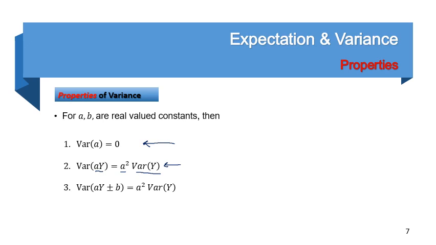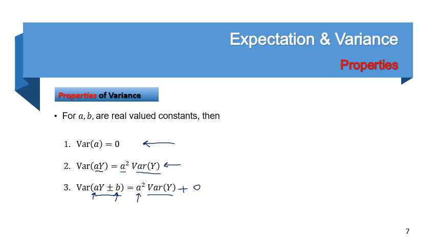Last one, if you have an equation and we need the variance, so you have a constant a multiplied by y, then you have a plus or minus another constant. The first one has to come out squared because it's beside y, multiplied by the variance of y, but the b will be plus 0 because it's a constant and the variance of a constant is 0.